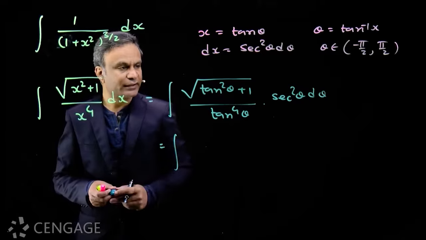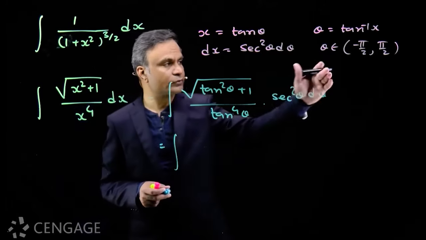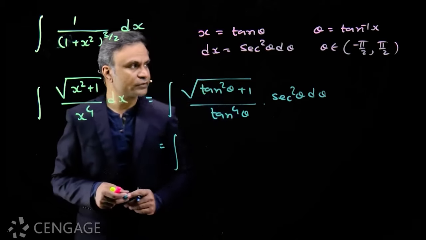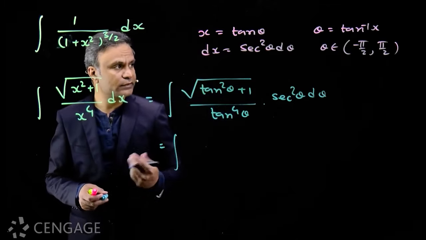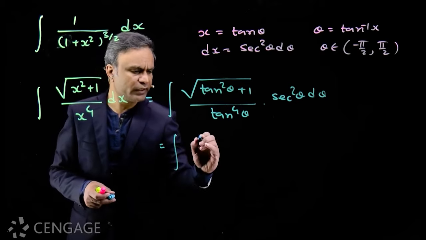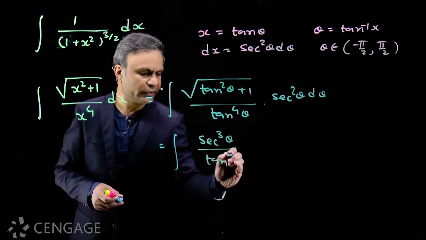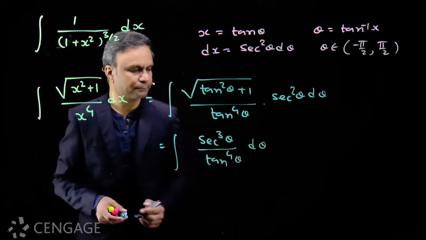In fact, root secant square theta is modulus of secant theta, but we write secant theta because theta belongs to minus pi by 2 to pi by 2, first and fourth quadrants, where secant theta is positive. So we have here secant cube theta upon tan power 4 theta.